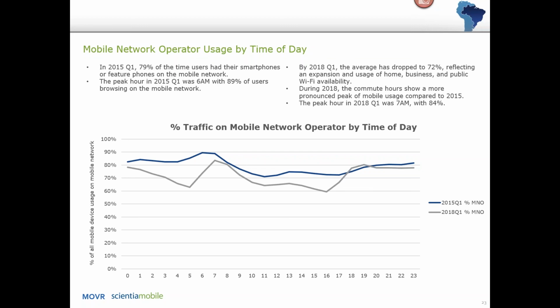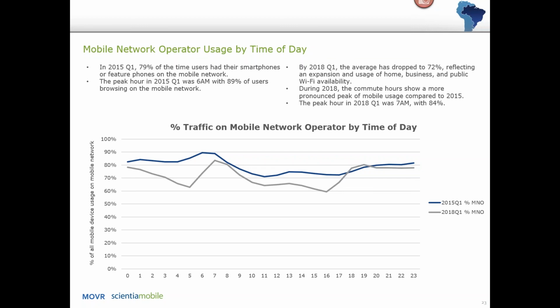And finally, on the Brazilian side, the use of a mobile network operator by time of day. So across the bottom here, we have the hours, 24 hours in a day, and the percent of the traffic that we're seeing on a mobile network operator. Now that's as opposed to a Wi-Fi communication.